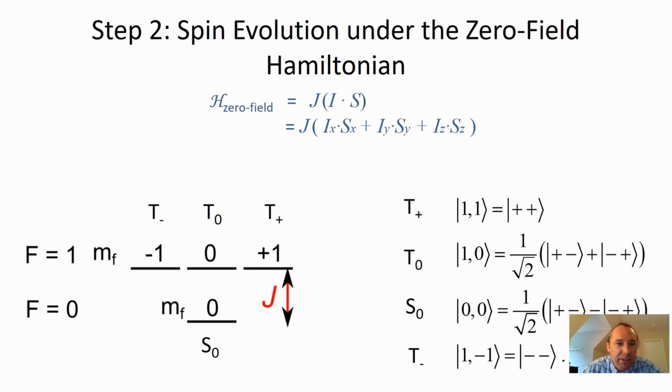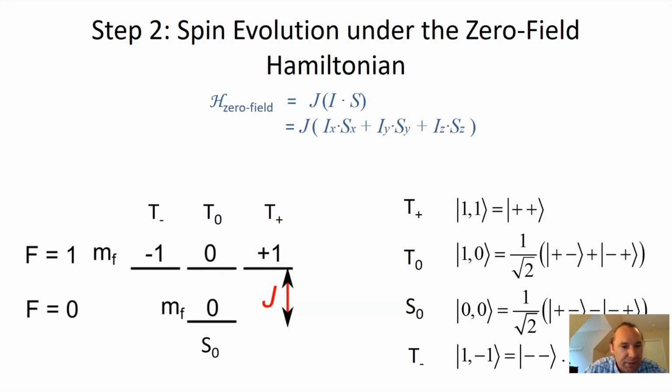One very important thing about the zero field Hamiltonian is that it does not depend on a particular orientation, so it's independent of how you turn the system around. The interaction is not going to be modulated by rotations. And the eigenstates of this Hamiltonian, that's what is depicted in the bottom of the slides.